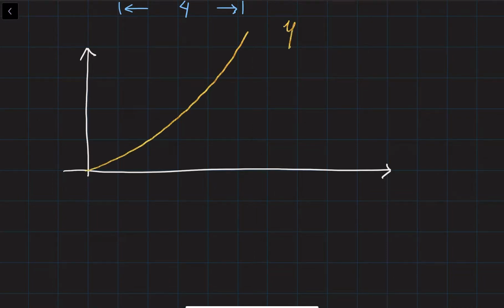And I would like to figure out the area under this curve from 0 to 2, let's say. So we would like to find this area.